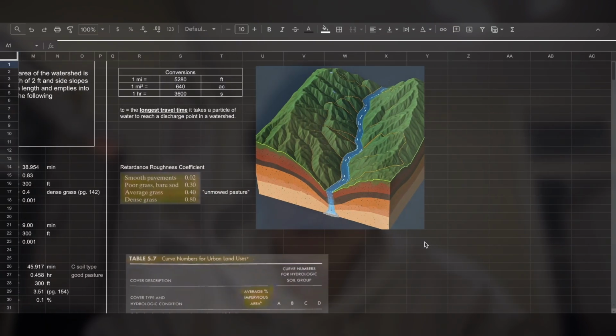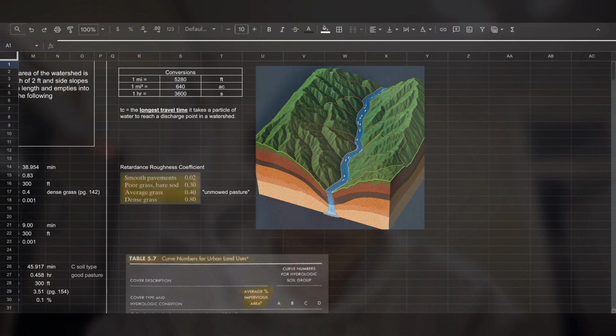The time of concentration is how long it will take for the longest-traveling drop of rain water to exit. Hopefully you watched that video.